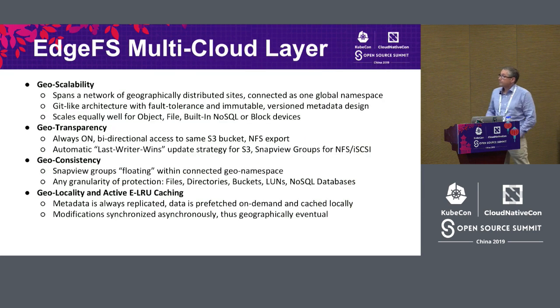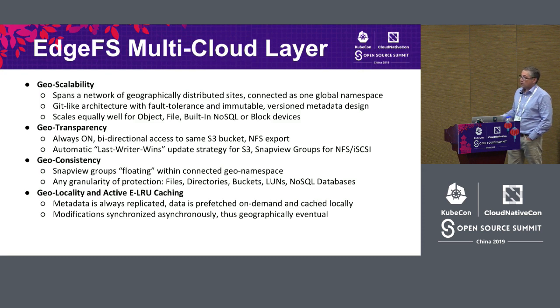Right. So EdgeFS is really a multi-cloud layer with geo-scalability, which spans a network of geographically distributed sites connected as one global namespace. It's a Git-like architecture with fault tolerance and immutable version metadata design. It scales equally well for object, file, built-in NoSQL, or block devices. It is geo-transparency.